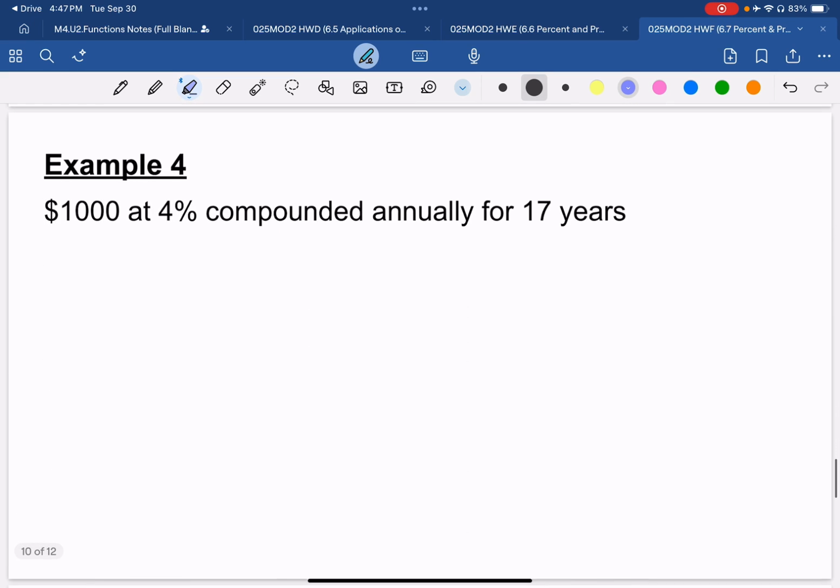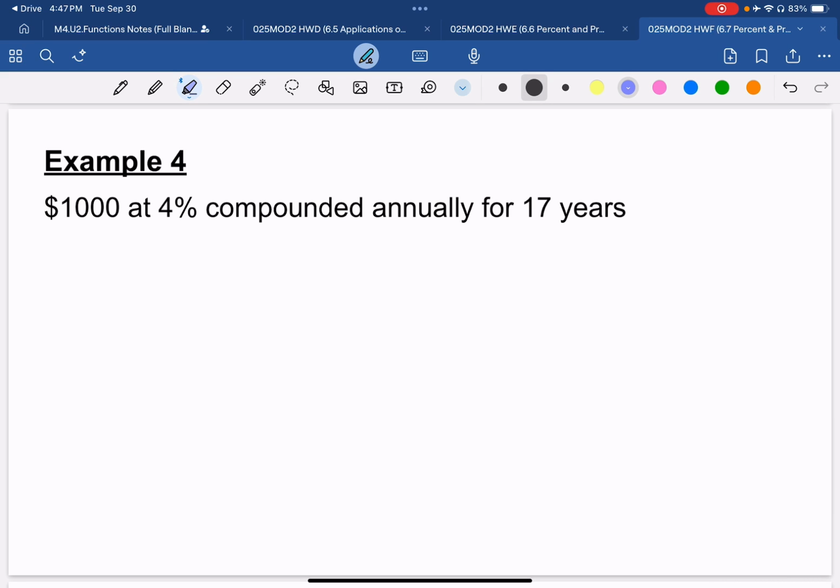So for example 4, it says that we have $1,000. We've got 4%, tells us that we're compounded annually, and then 17 years. So $1,000, that's my principal. 4%, that's my rate.